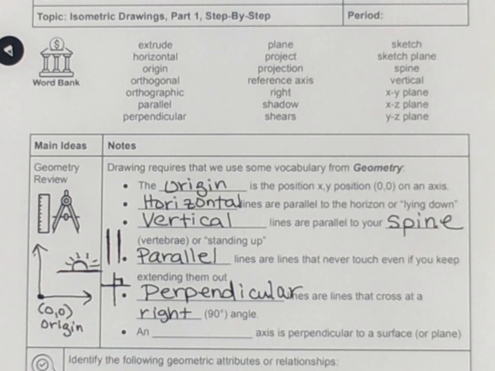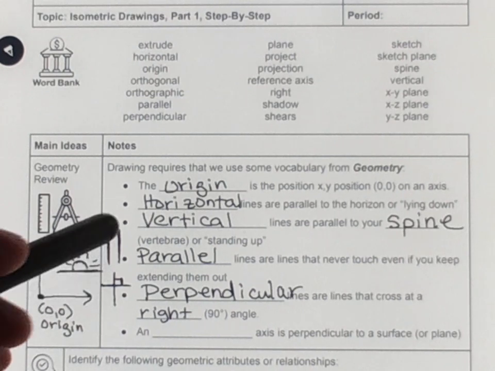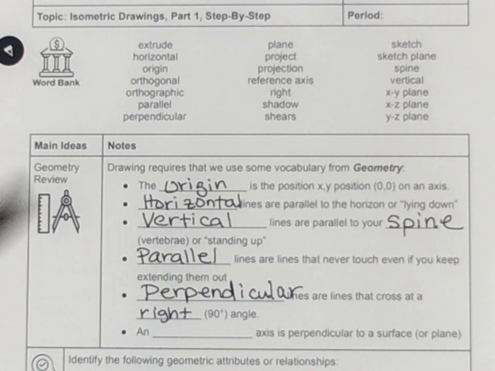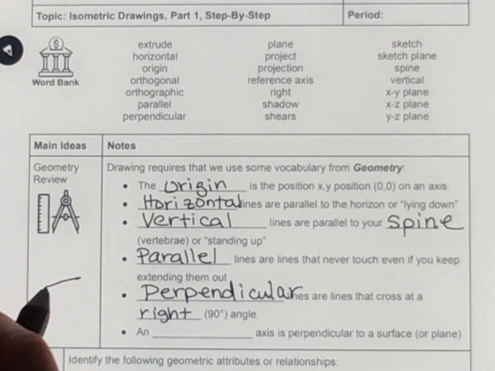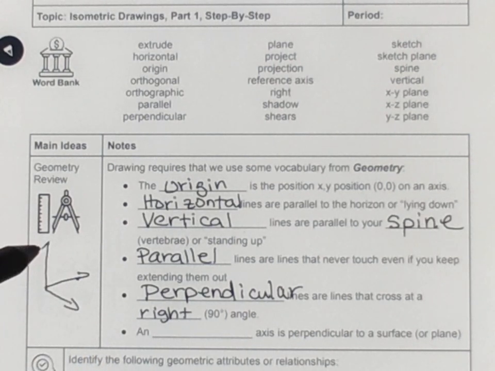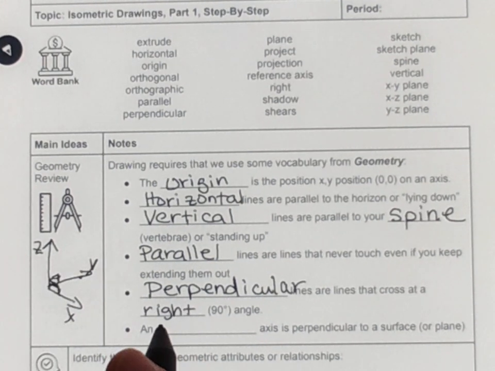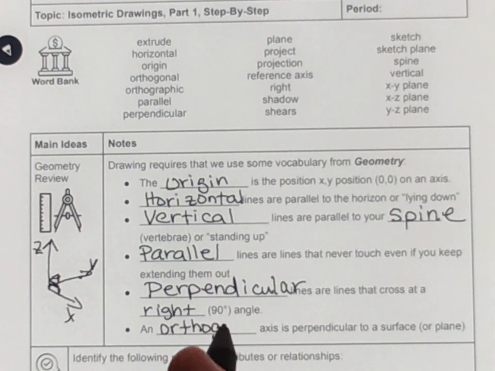And then in 3 dimensions, in addition to something being perpendicular, I might say that it's orthogonal because it's actually perpendicular to multiple axes. Like our z-axis would be perpendicular to both x and y. And so I'm going to call that orthogonal.